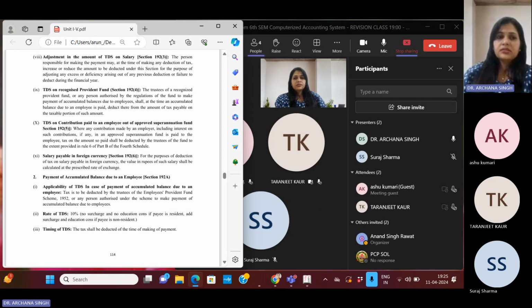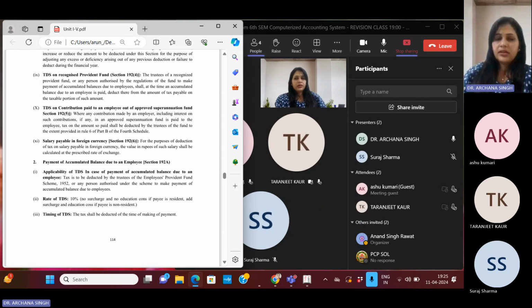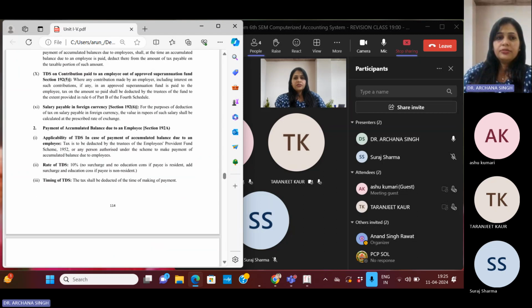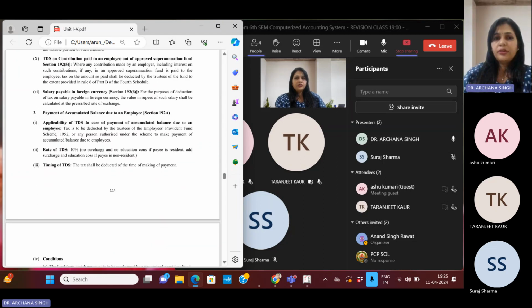Okay, so this is about TDS on recognized PF. Then TDS on contribution paid to an employee out of approved superannuation fund under section 192 subsection 5.